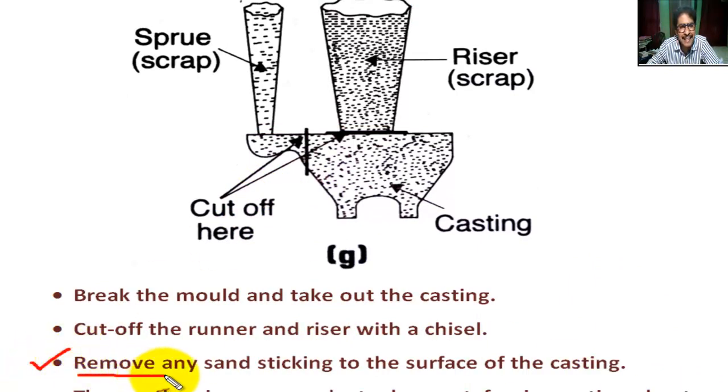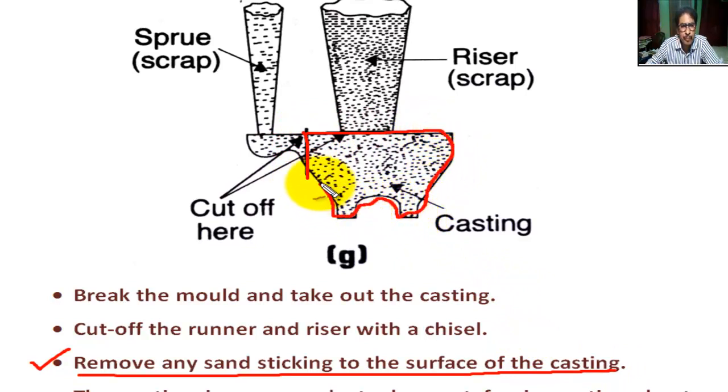Now remove any sand sticking to the surface of the casting. After cutting, this is the final casting. The sticking sand is removed from the surface of the casting.